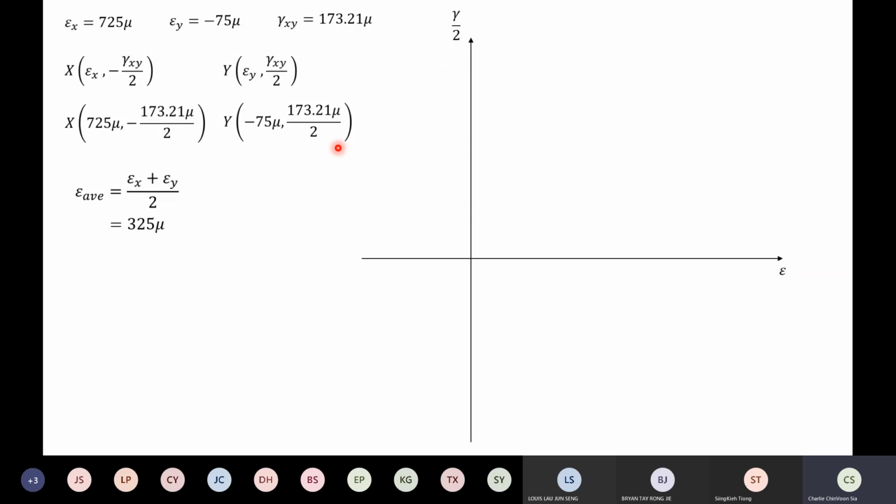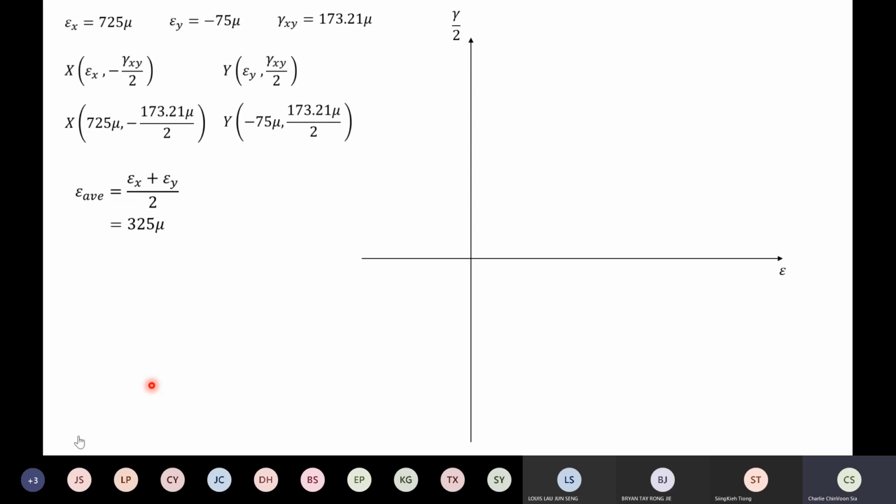If we have these values, then you can start to plot. I give you 5 minutes. By using these values, can you plot the Mohr circle? Later I will give you the answer so that you can check it. Please try it, I will get back to you after 5 minutes.